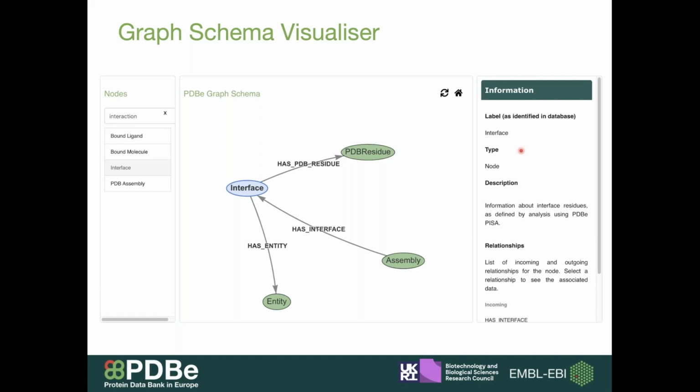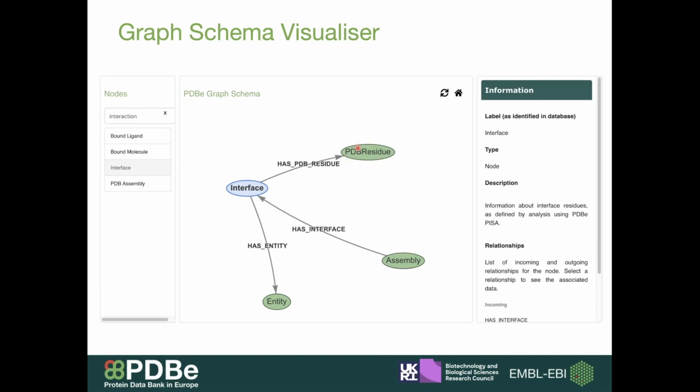Another useful feature is expanding the relationships from nodes, which helps in exploring the database much further and finding how the nodes are related to each other. Going back to the example of interface, it would be interesting to know what the connections of PDBe residue nodes are.